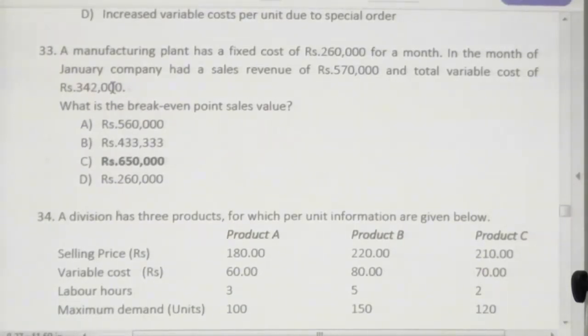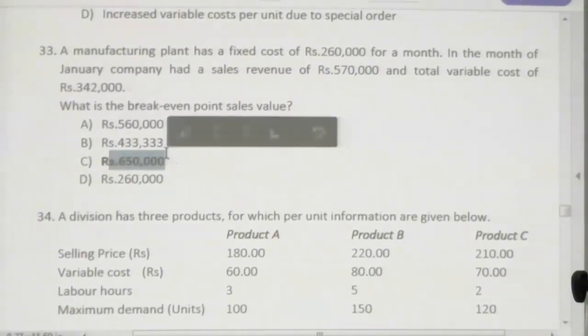Then divide it by sales value, that is 570,000. You can see your contribution to sales ratio, your CS ratio, will be 40%. Now, divide the fixed cost. Your fixed cost is 260,000. Divide your fixed cost by the CS ratio. Once you divide your fixed cost by the CS ratio, that is 650,000, right?